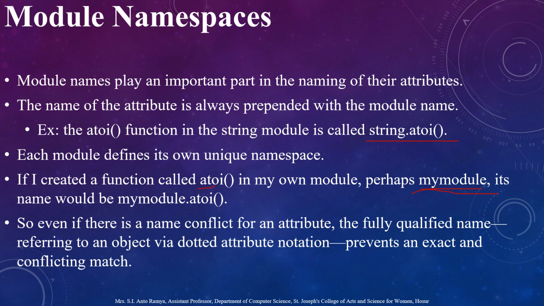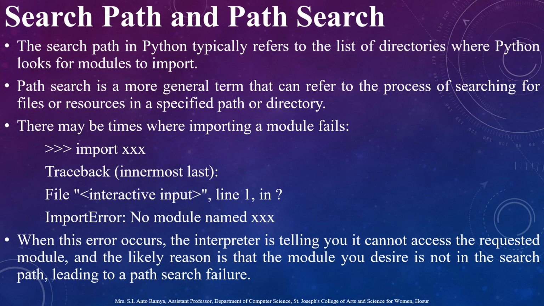So when I call this atoi inside my module, it will be mymodule dot atoi. The built-in function atoi is there, and the function that I gave is also atoi. But it is not going to show any error, because here it will be called as string dot atoi, and here it will be called as mymodule dot atoi. So there is a difference between both functions, and there won't be any error.